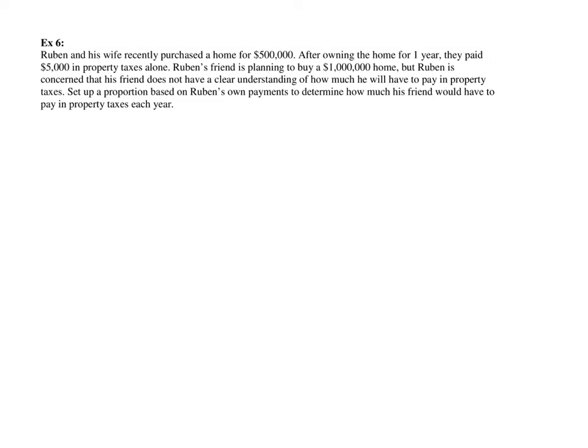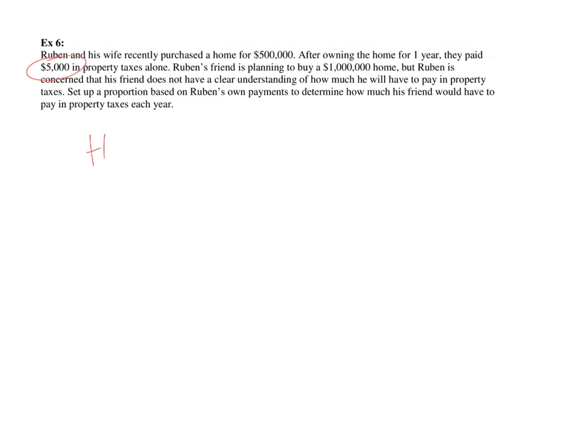Example 6. Ruben and his wife recently purchased a home for $500,000. After owning the home for 1 year, they paid $5,000 in property taxes alone. It's a lot of money. Ruben's friend is planning to buy a $1 million home, but Ruben is concerned that his friend does not have a clear understanding of how much he will have to pay in property taxes. Set up a proportion based on Ruben's own payments to determine how much his friend would have to pay in property taxes each year.